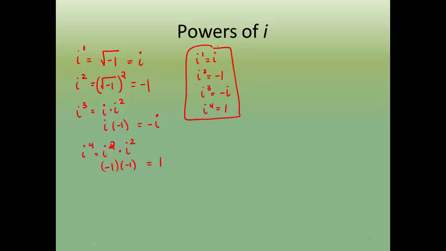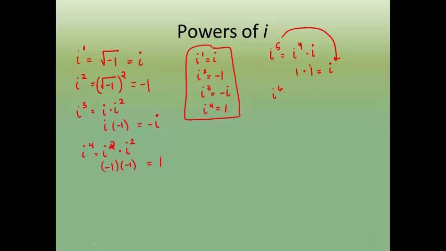So why did I stop at I to the fourth? Well, let's consider I to the fifth. Following this pattern, since I know what I to the fourth is, and I'm just multiplying it by another I, I to the fourth is 1 times another I, which means it's just I. So wait, I to the fifth is I?